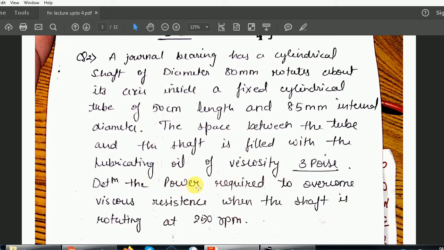Determine the power required to overcome viscous resistance when the shaft is rotating at 250 rpm. When you solve this question, the power will be 16.54 joule per second, means 16.54 watt.